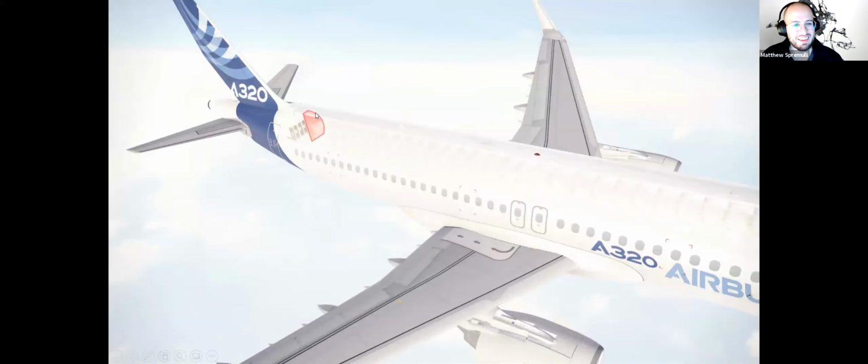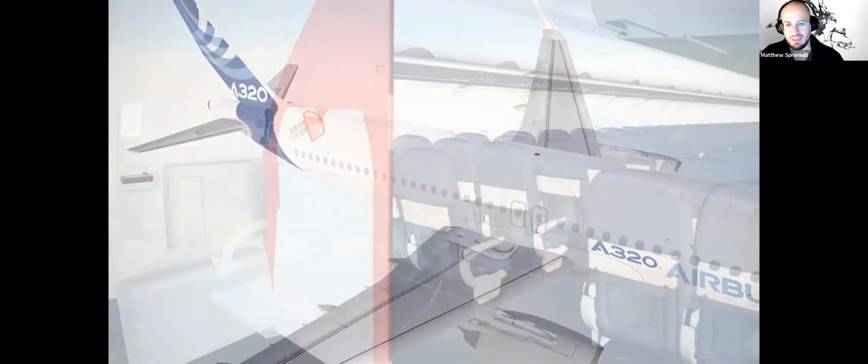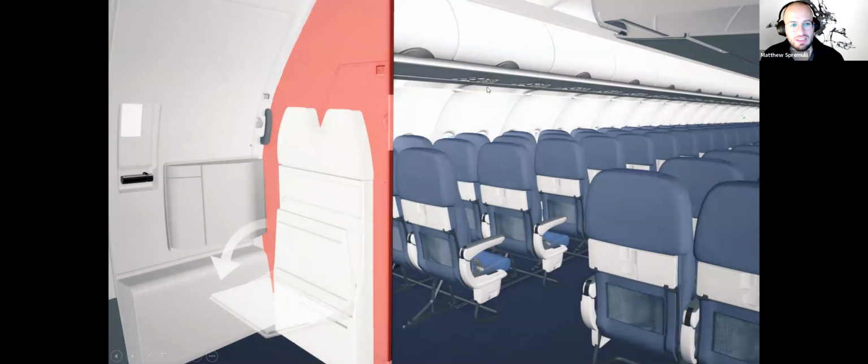So we decided to take a look at this, which is a small partition, a wall, an architectural feature even inside of an airplane. So in this case, if you've seen the Airbus models, this is where the cabin crew sit down. And normally this is made of sheet steel and it's capped off with a few different panels.